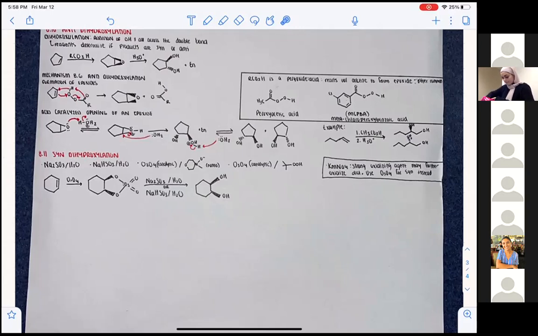Those two will give us the anti-addition of the two alcohols, and that'll always have an enantiomer if it has the chiral center, right?